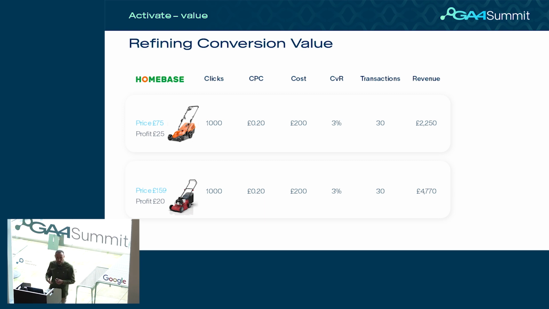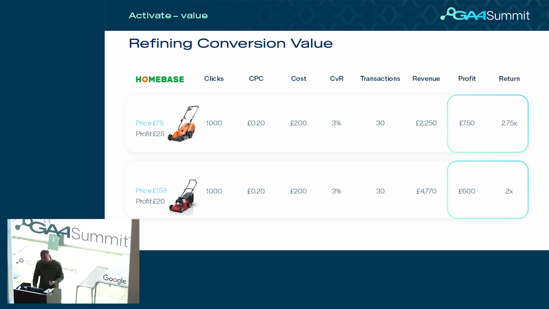They might make an awful lot more money from the electric one than the branded petrol one. So injecting the profit, using one of the methods that Paul talked about previously, might change how you as a human, or the machine if you gave it to the machine, would make decisions and which one you would optimize to over the other one.